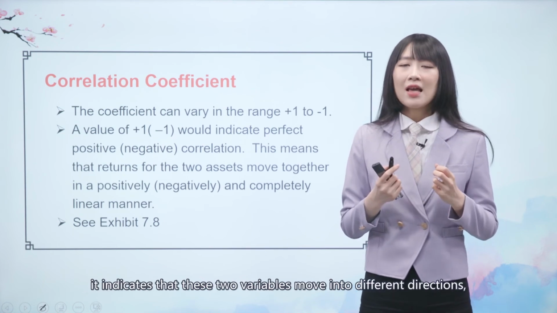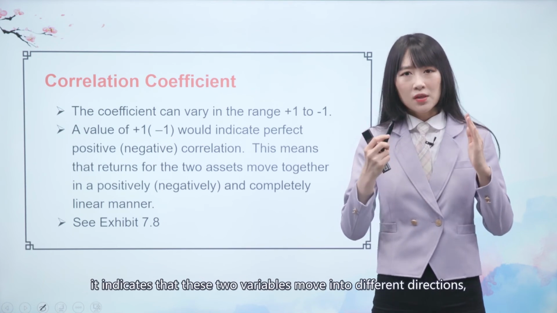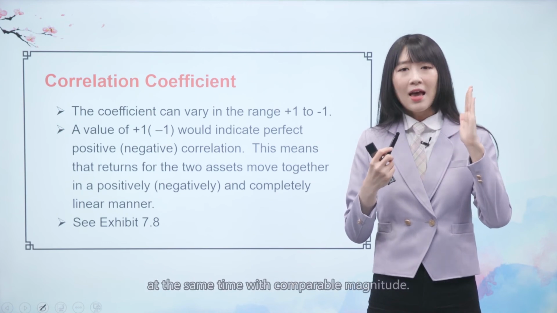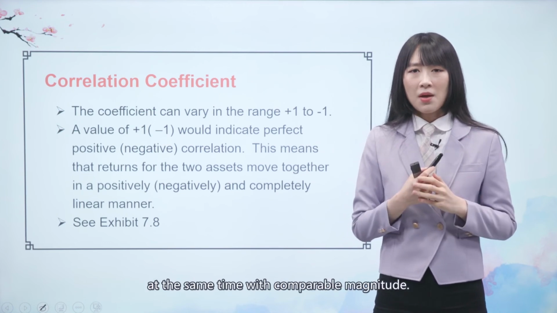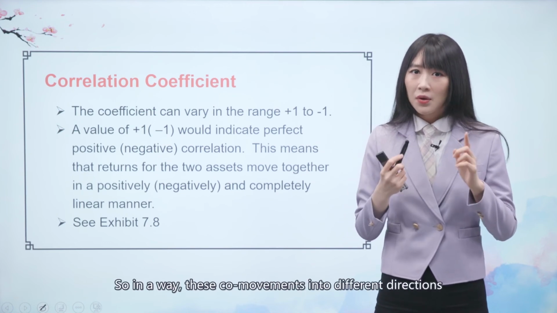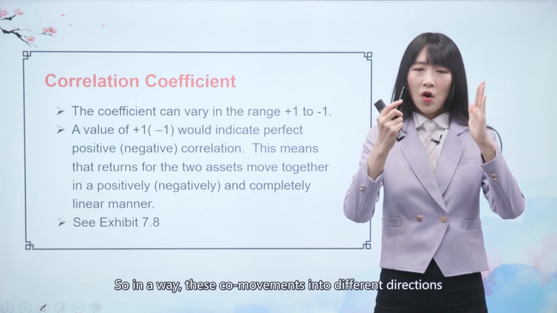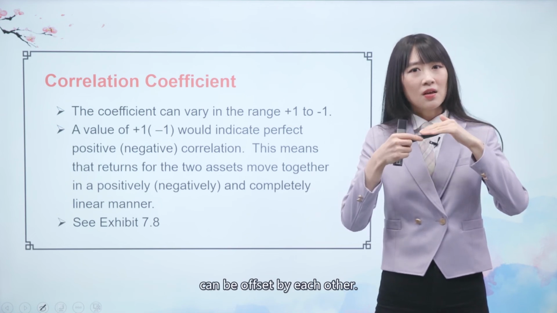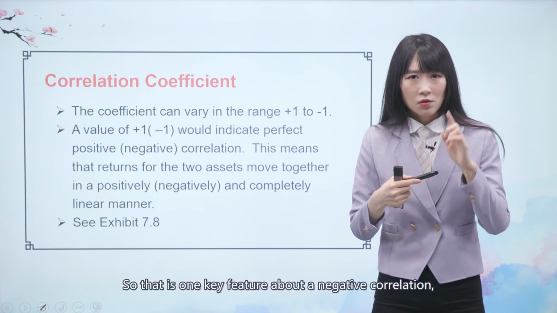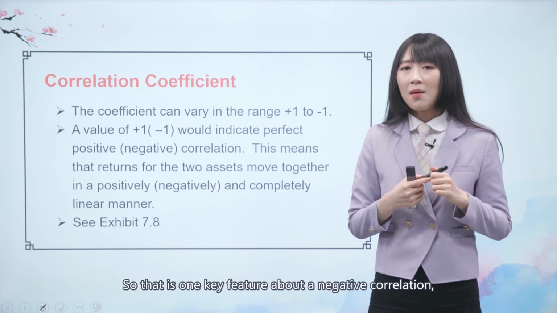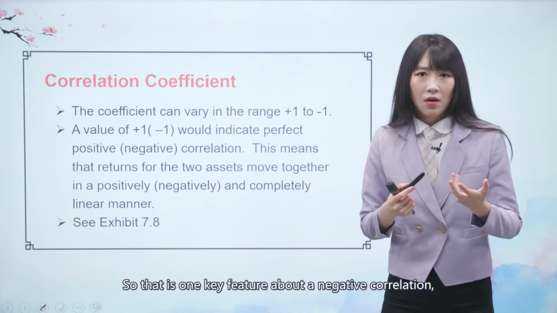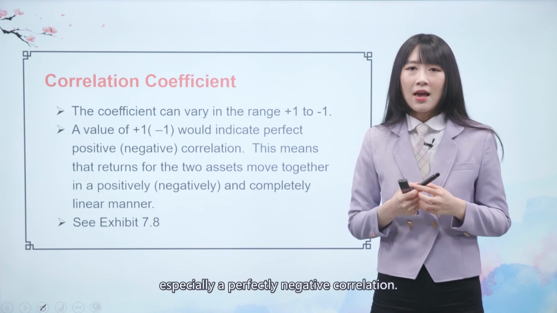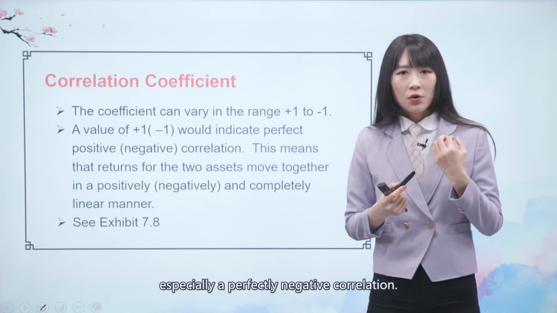It indicates that these two variables move in different directions at the same time with comparable magnitude. So, in a way, these co-movements in different directions can offset each other. That is one key feature of a negative correlation, especially a perfectly negative correlation.